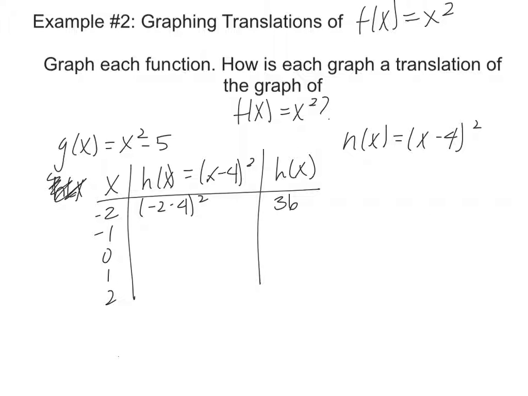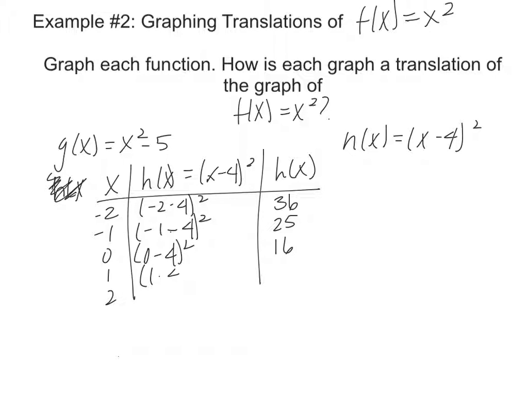All right, if I keep going, I should have -1 minus 4. -1 minus 4 is -5, and -5 squared is 25. If I have 0 minus 4 and it's squared, that would give me -4, and -4 squared is 16.